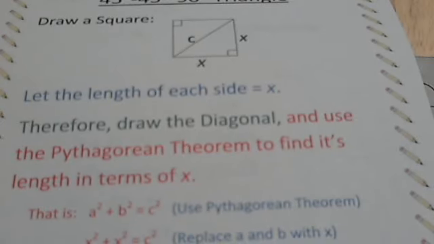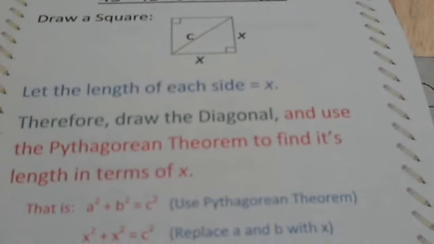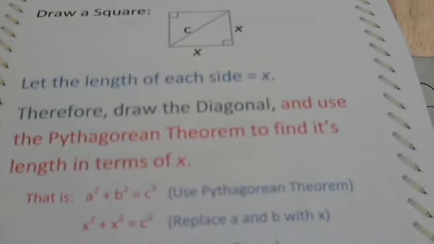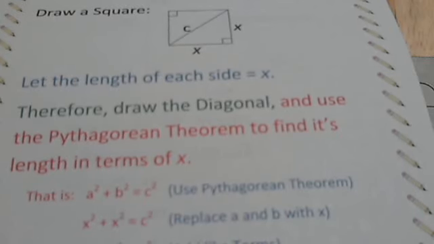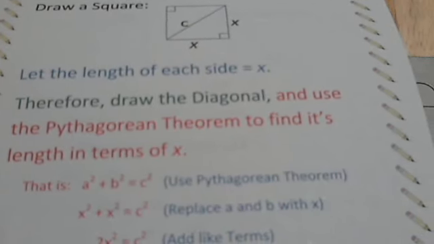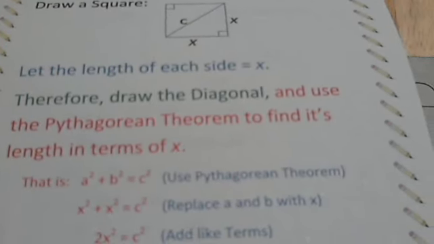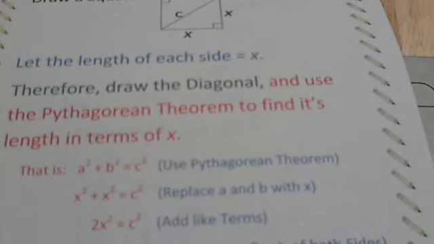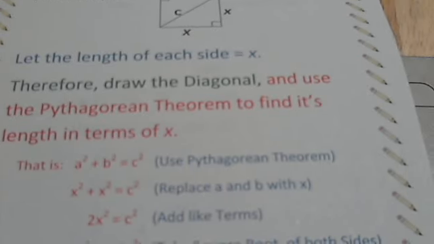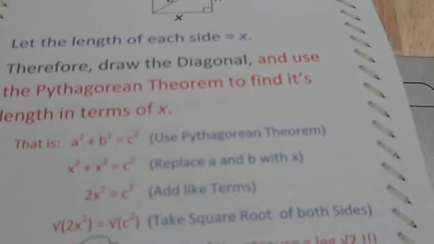and replacing a and b with x, we get x squared plus x squared equals c squared. Then, adding like terms, we get 2x squared is equal to c squared. Thereafter, we take the square root of both sides.